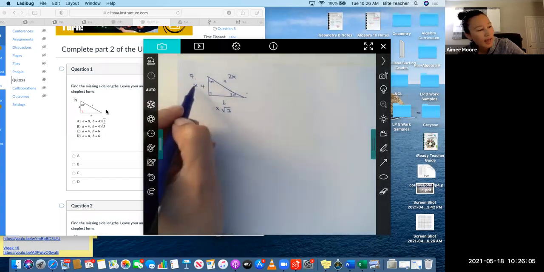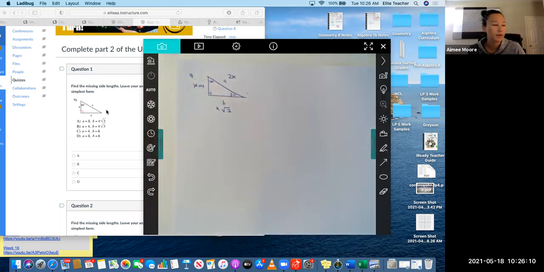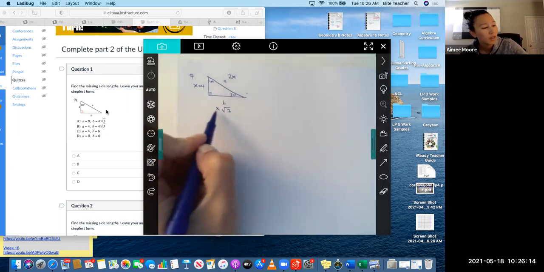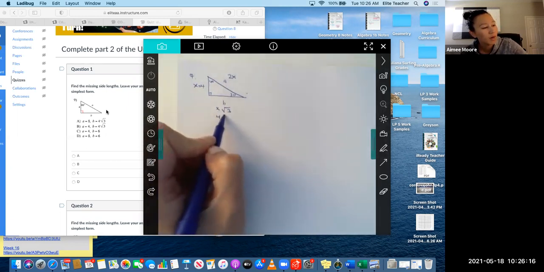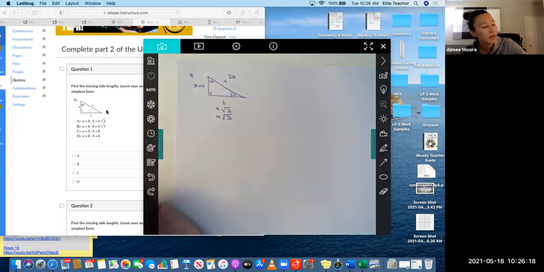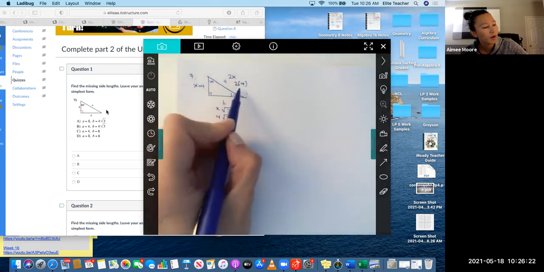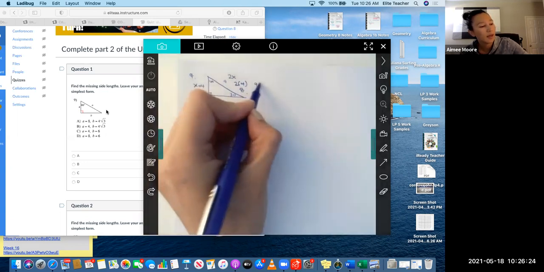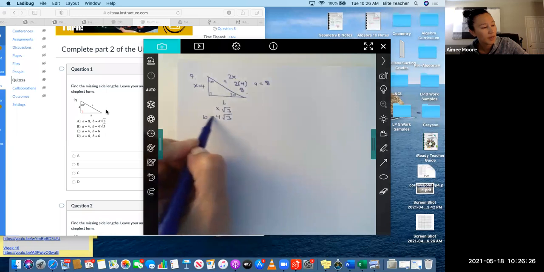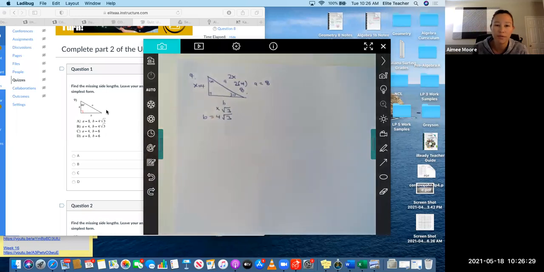So since this side is x, and this side they gave us is 4, we know that x is equal to 4. So now we just need to plug in 4. So B would be 4 times the square root of 3, and A would be 2 times 4, which makes it 8. So A is 8, B is 4 times the square root of 3.